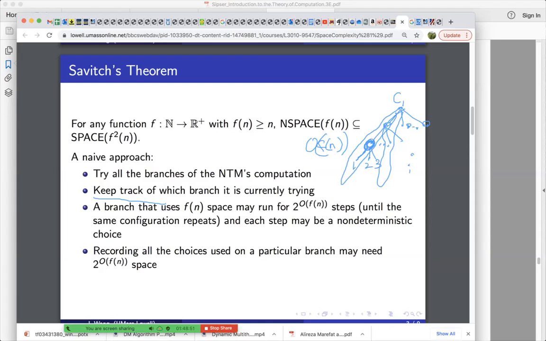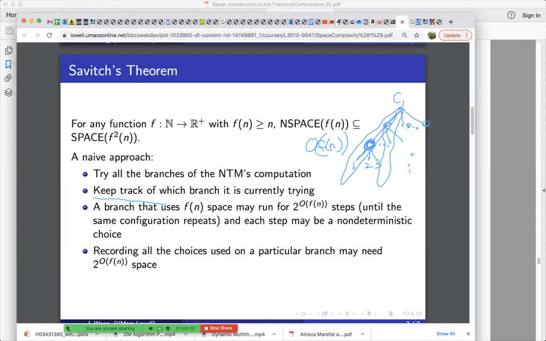Now a branch that uses big O of f of n space, if you look at the running time, could be exponential, 2 to the big O of f of n, until the same configuration repeats, because you could have that many unrepeated configurations. When you repeat a configuration, then of course you know that you're running into a loop.